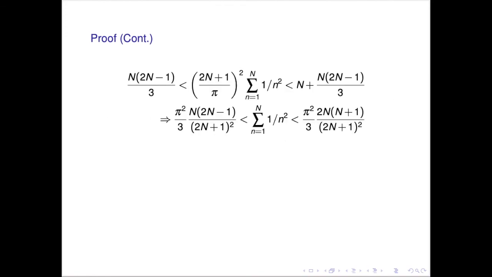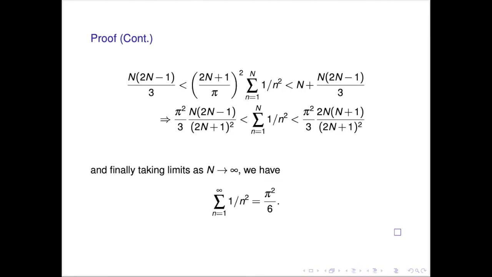Furthermore, multiplying all sides of the inequality by the quantity pi squared upon (2N plus 1) all squared, we have that pi squared upon 3 times N into (2N minus 1) upon (2N plus 1) squared is less than the sum of 1 upon n squared as n goes from 1 to capital N, which in turn is less than pi squared upon 3 times 2N times (N plus 1) upon (2N plus 1) all squared.